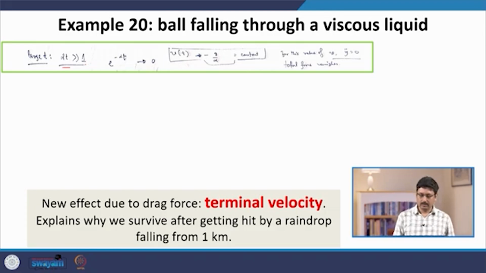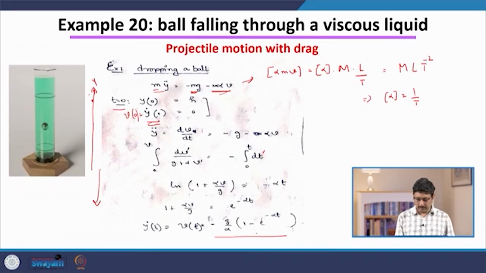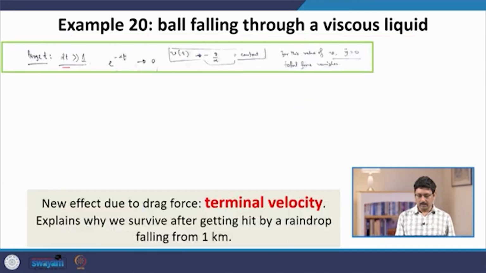In this case, in the expression for v, we can ignore this exponential dependence, and then we get that our velocity approaches a constant, minus g by alpha.